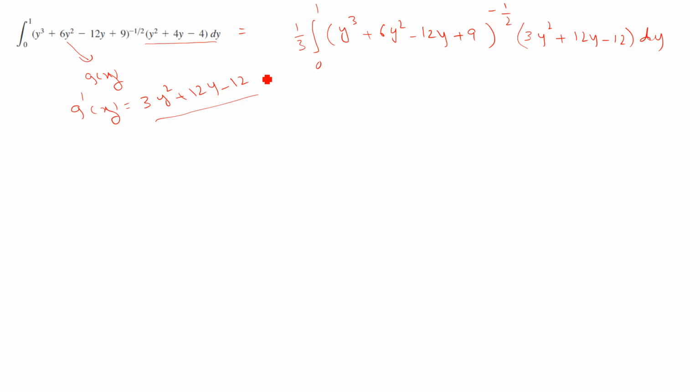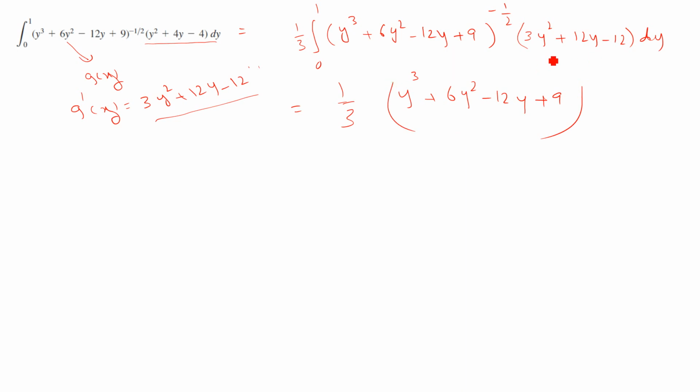Now, if we apply the power rule directly rather than making a substitution, we have y cubed plus 6y squared minus 12y plus 9.